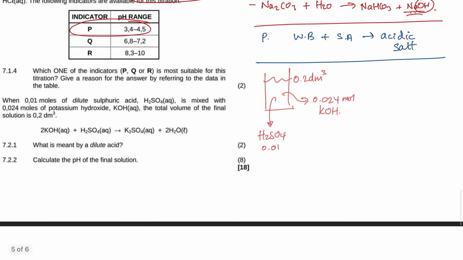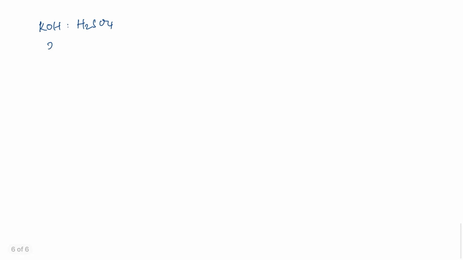Now from the reaction they've given us, the ratio is 2 to 1. Now I'm going to assume that I don't know the KOH. So let's call that X. And the amount of H2SO4 that I have is 0.01. If I cross multiply, X is going to equal 0.02 moles.